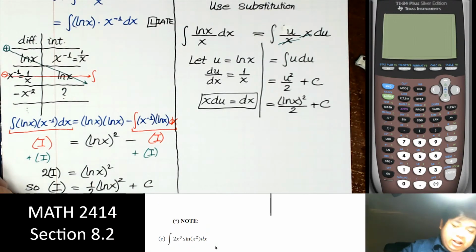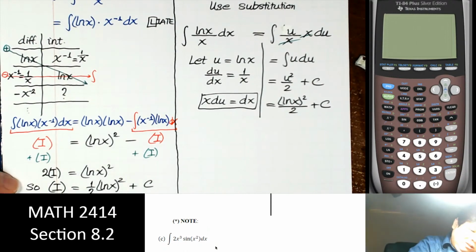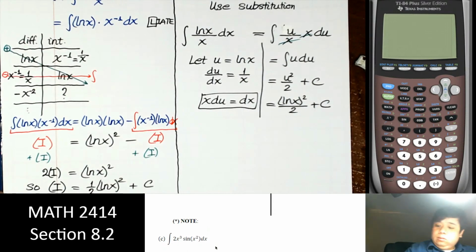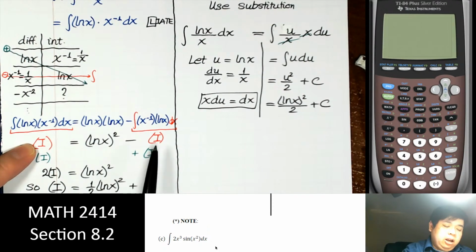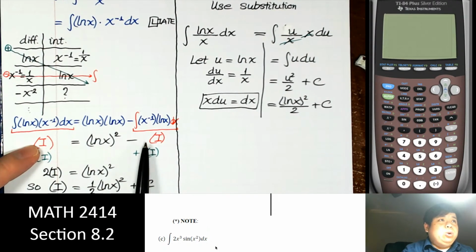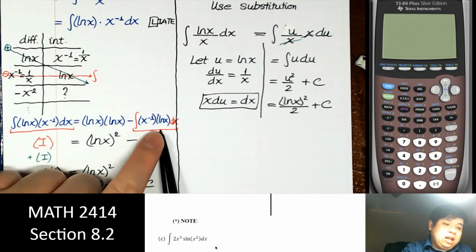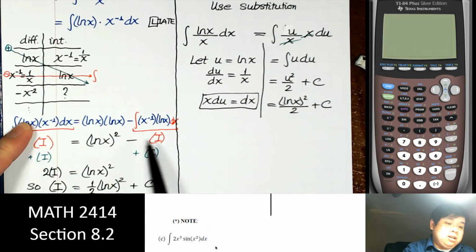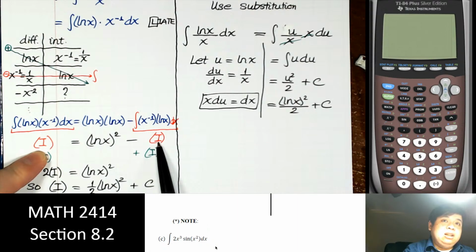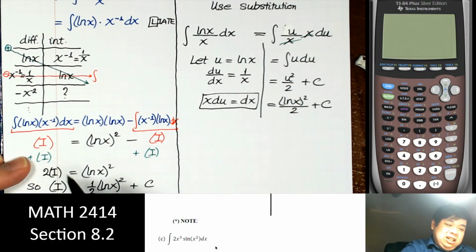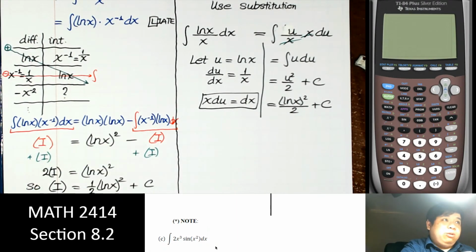And we have a little note here. Usually when we do the integration, if we end up with the same thing as the original problem, then we call that the integral I. That's not number 1 or anything, I call that I for the integral.